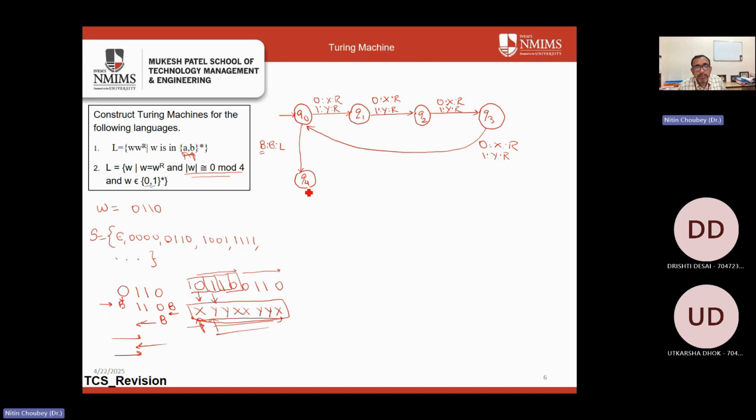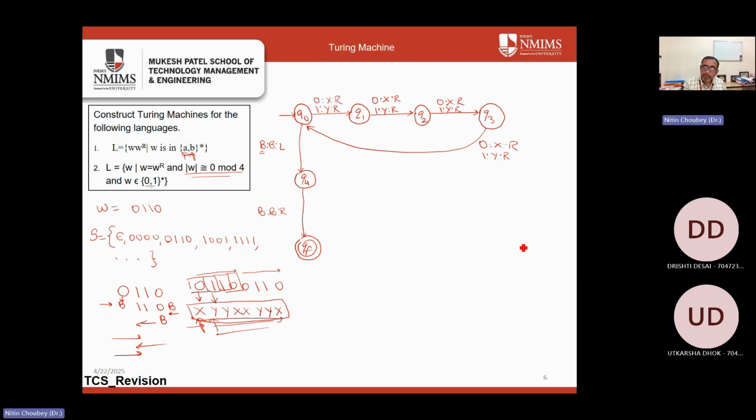So your next symbol would be blank again. Blank, blank, right or left. Go to the final state. This is the case when W is equal to epsilon.